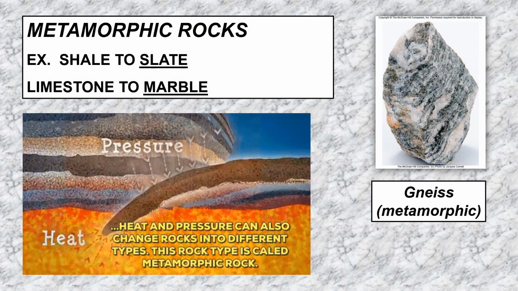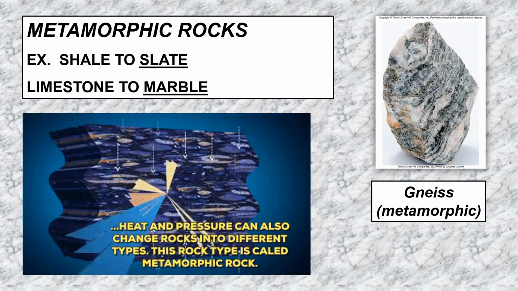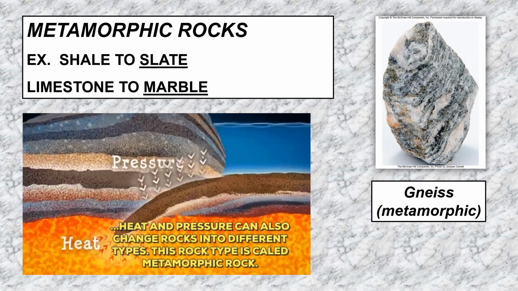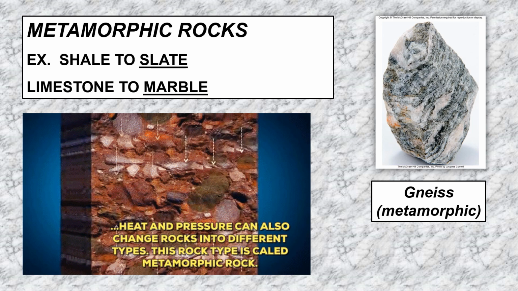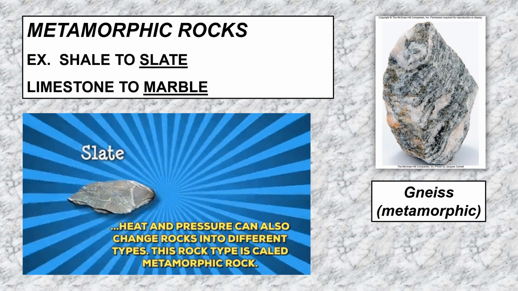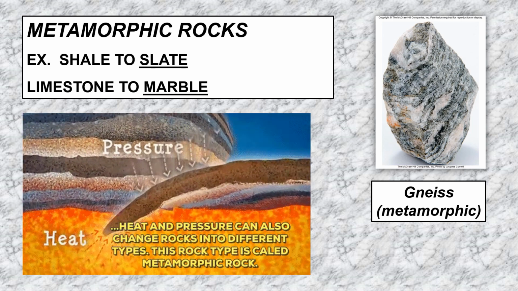All right, how about metamorphic rocks? Well, metamorphic rocks are when rocks change from either an igneous rock to a metamorphic rock or from a sedimentary rock into a metamorphic rock. Metamorphic means the change in the shape.